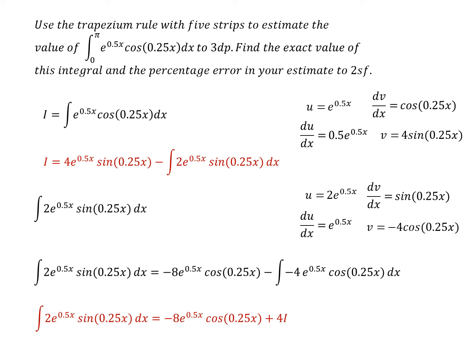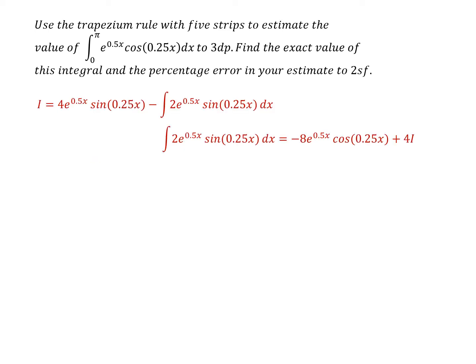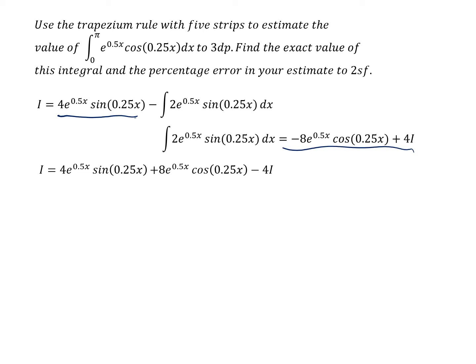So if we take these two expressions here, one for I itself, and one here for the second part of I, and put those on the next sheet, then if we combine these two together, I is that minus this. So minus 8 is plus 8, and minus 4I is minus 4I. Now we're starting to get somewhere, because we can take this minus 4I over to the other side.